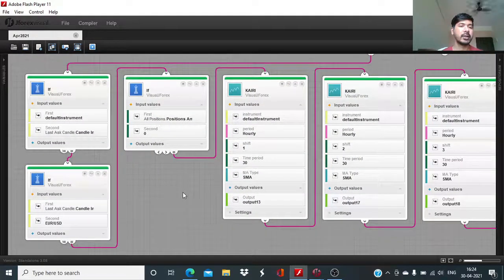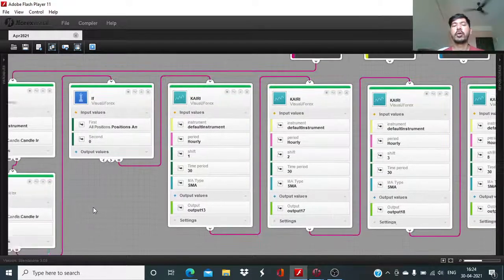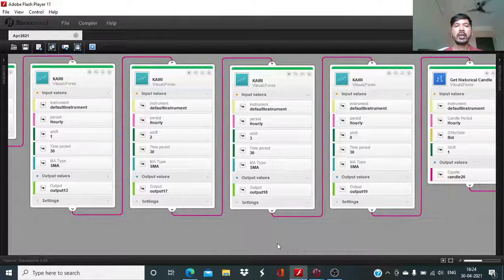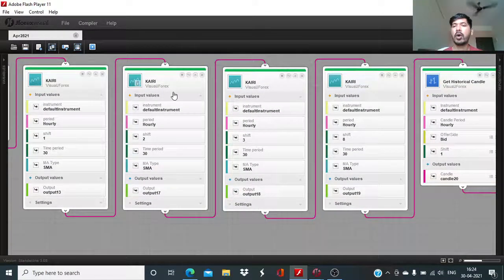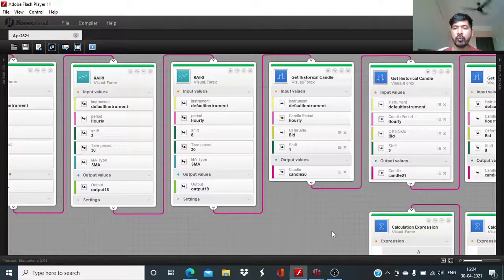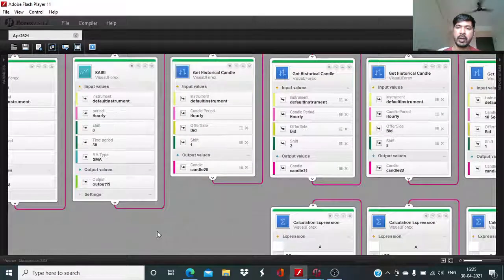In the prior sessions, I had added these blocks where the instrument subscription has been done. The instrument of choice is Euro USD, then the position amount was defined at 0. I got these four Kairi blocks of the hourly time period and different shift values 1, 2, 3, and 8 respectively to do the comparison and look for the opportune time to go for the initiation of the trade.